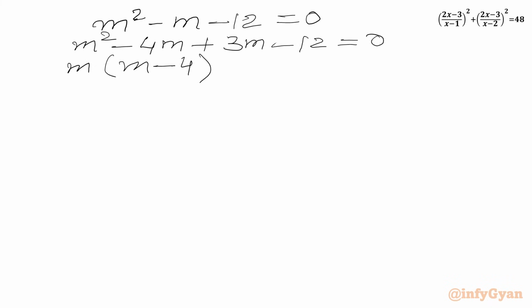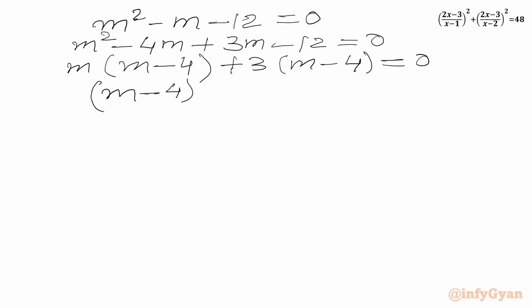So m minus 4 will be in the bracket. From the next two terms, we'll take 3 common. We'll get m minus 4 in the bracket equal to 0. Our factorization is done. We'll write (m - 4) times (m + 3) equal to 0.